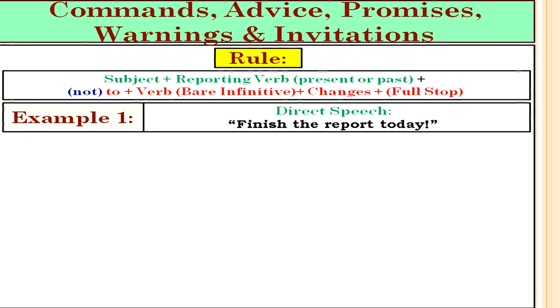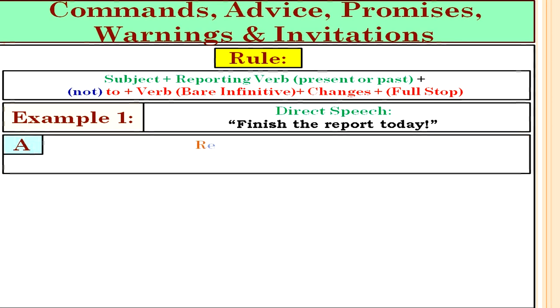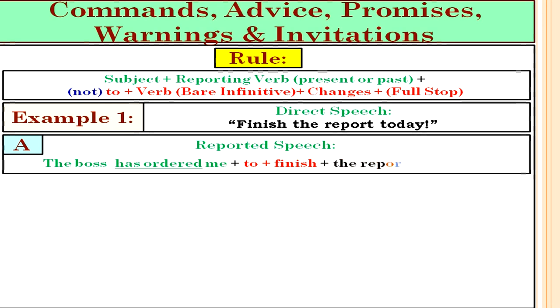To rewrite the sentence using reported speech, we're going to follow the rule above. For this example, we have again two cases. In the first case, we have the reporting verb in the present tense. The boss has ordered me, has ordered, is in the present perfect simple.